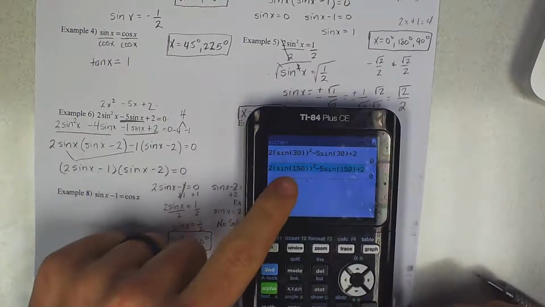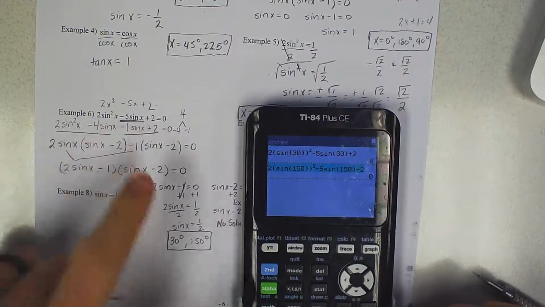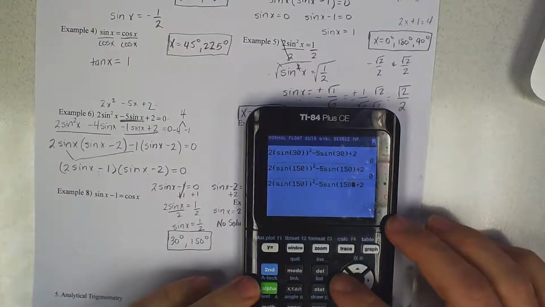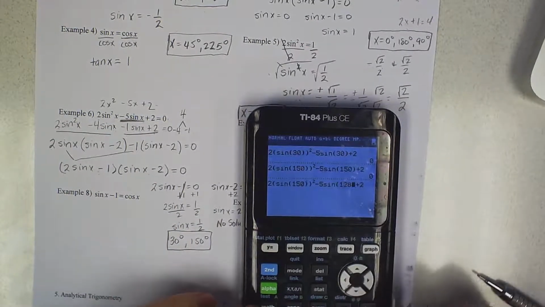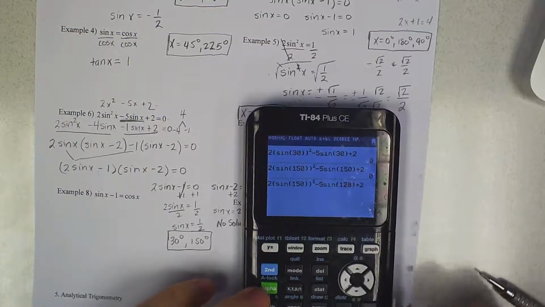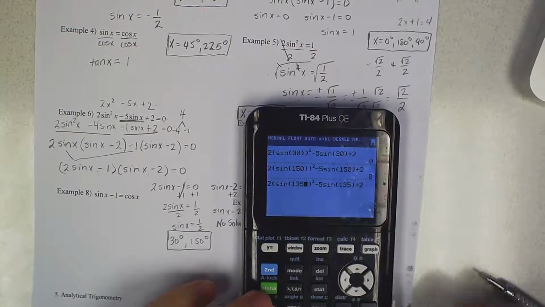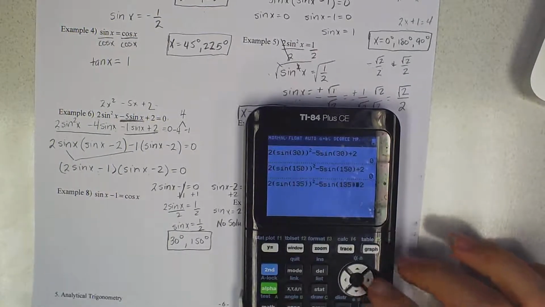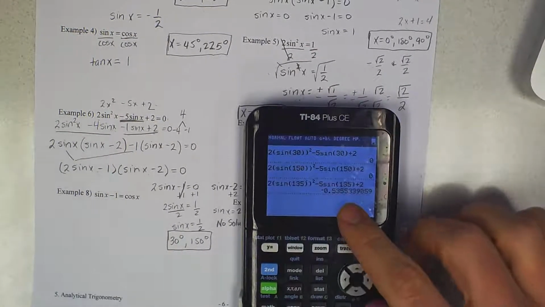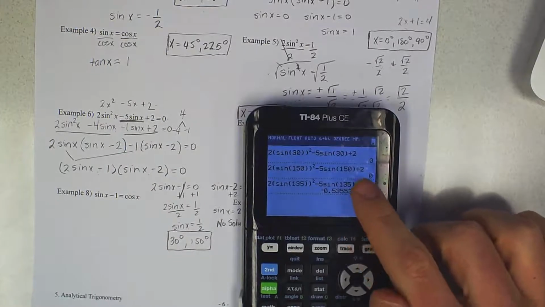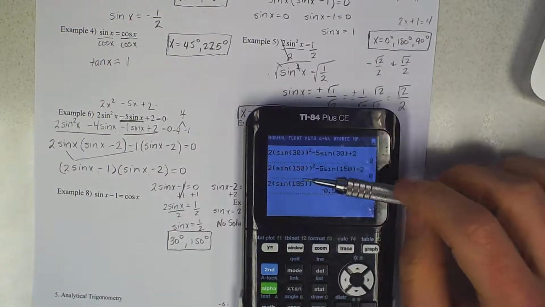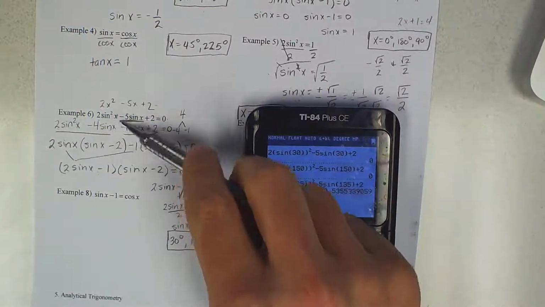Well, those are the only 2 x values that work in this equation. If you're saying, well, prove it to us, let's use 135. That's on the unit circle, 135. And if we see this, we see that it's not equal to 0. So these 2 angles are the only angles that satisfy this equation.